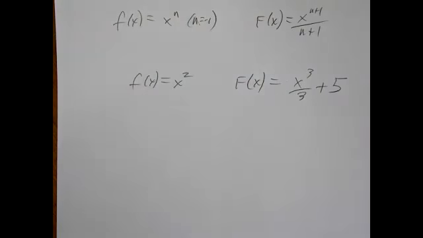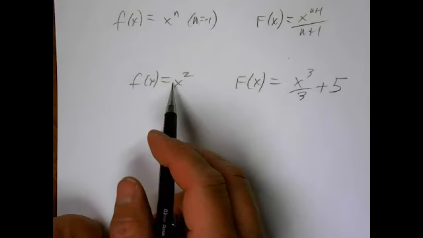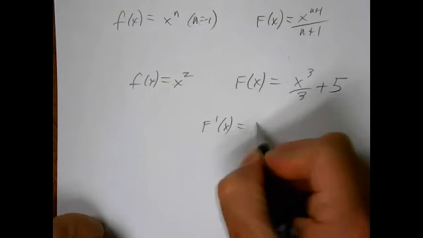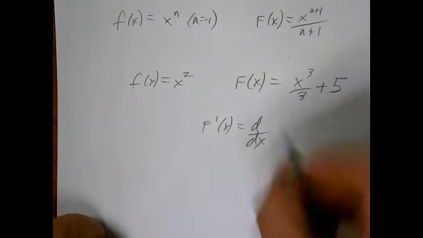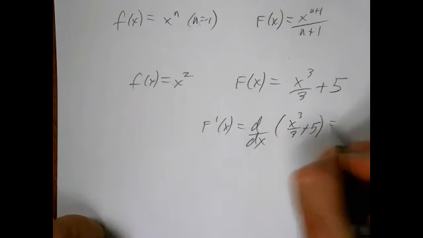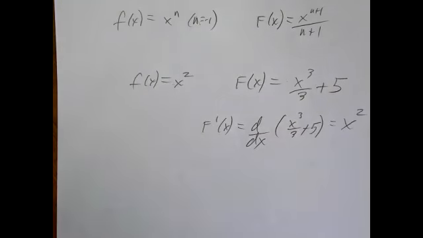Remember, the definition of antiderivative is that you simply need to be able to take the derivative of it and get that result. And when I take the derivative with respect to x of x cubed over 3 plus 5, I once again get an x squared simply because the derivative of 5 turns into a 0.